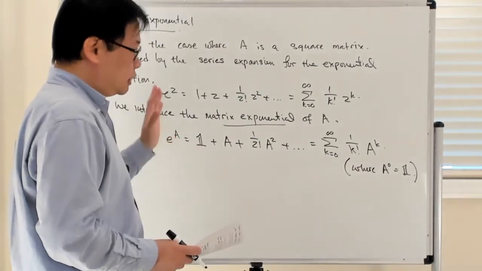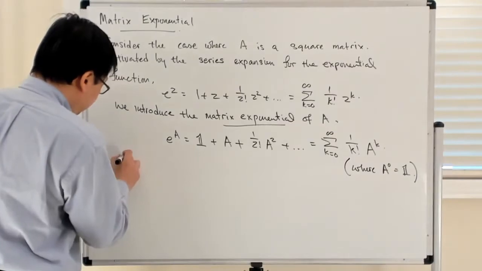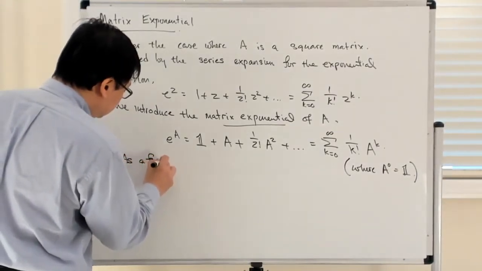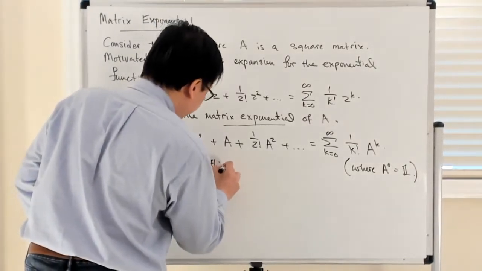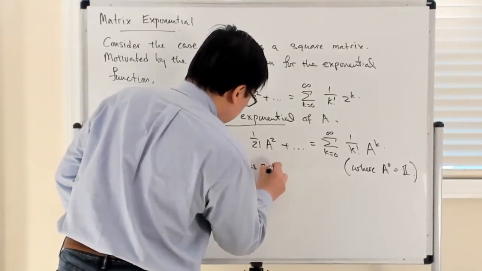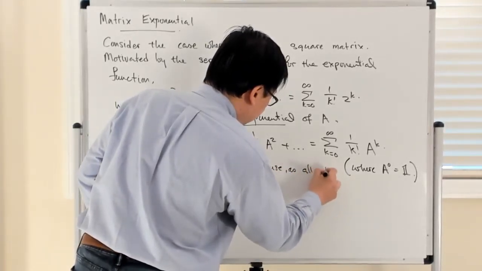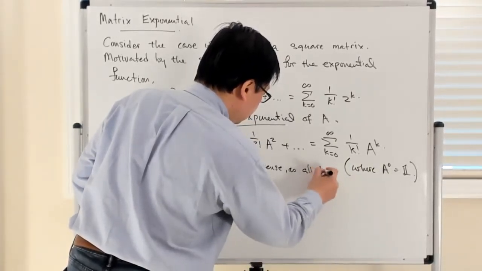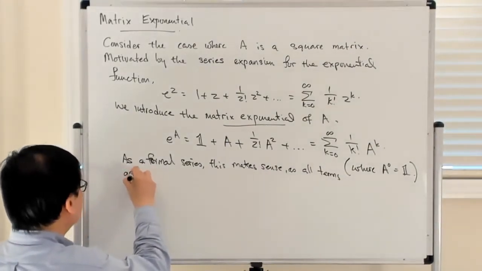So you still have to check that this converges. As a formal series, this makes sense as all terms are square matrices.